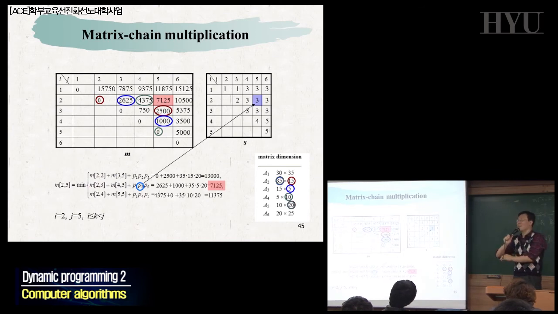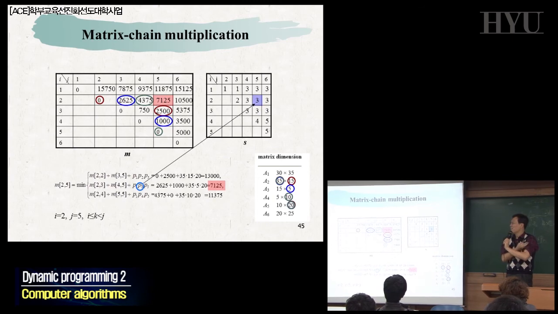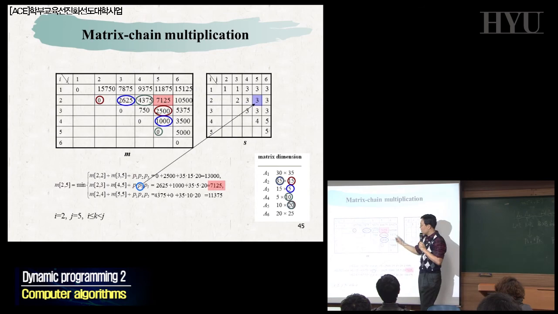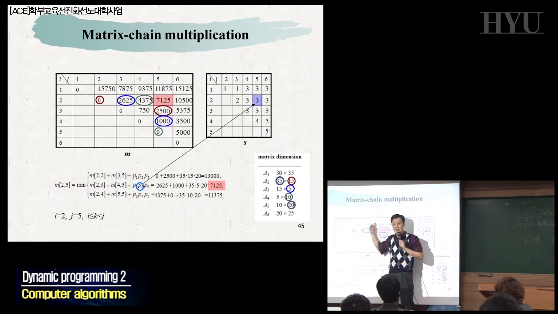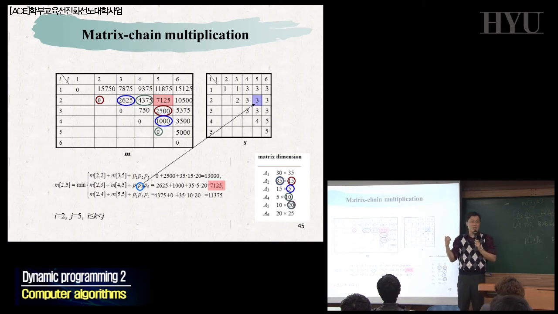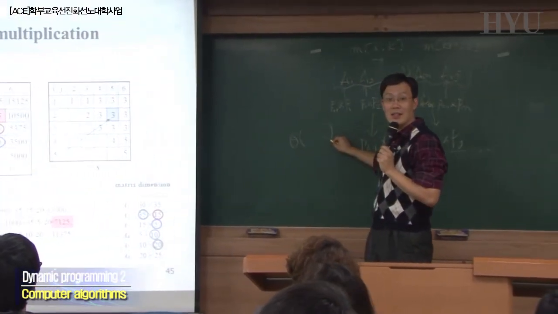Then let's think about the running time. Okay, before we think of the running time, let's think of the space consumption. This is an n by n matrix. So the space consumption of this algorithm is theta of what?